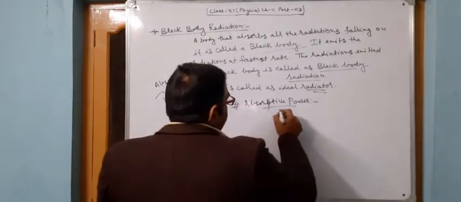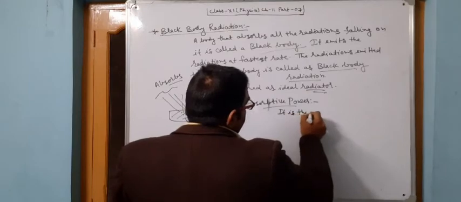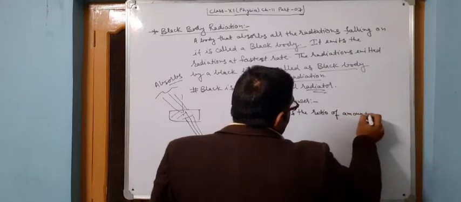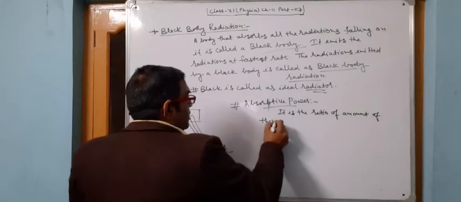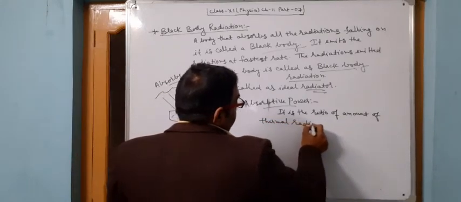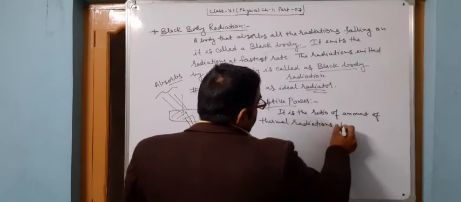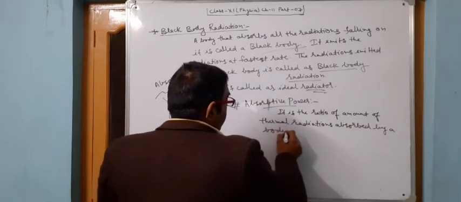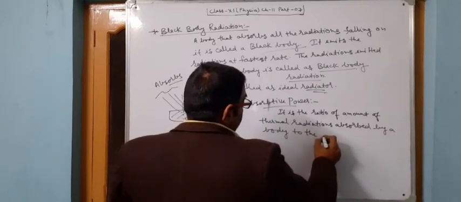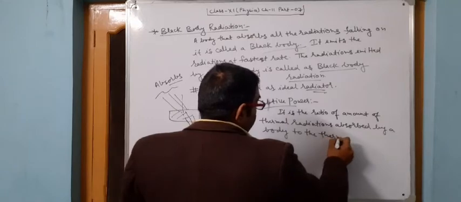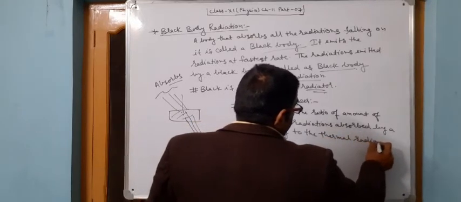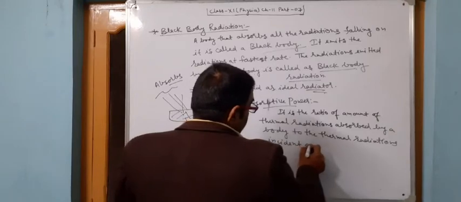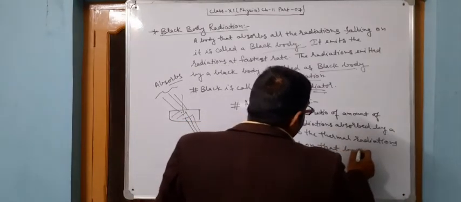So absorptive power, it is the ratio of amount of thermal radiations absorbed by a body to the thermal radiations incident on that body.